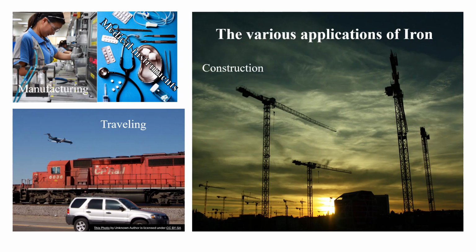In this slide, it is just an overview of the general applications of iron. One of the main uses of iron is in the construction business because it is used as various metals. They use it as rebar, which is an alloy of carbon and iron, but is very strong and is used for structural foundations.